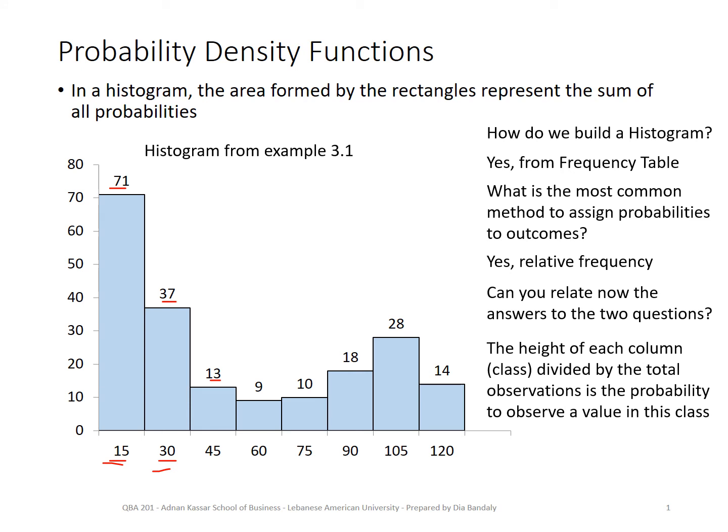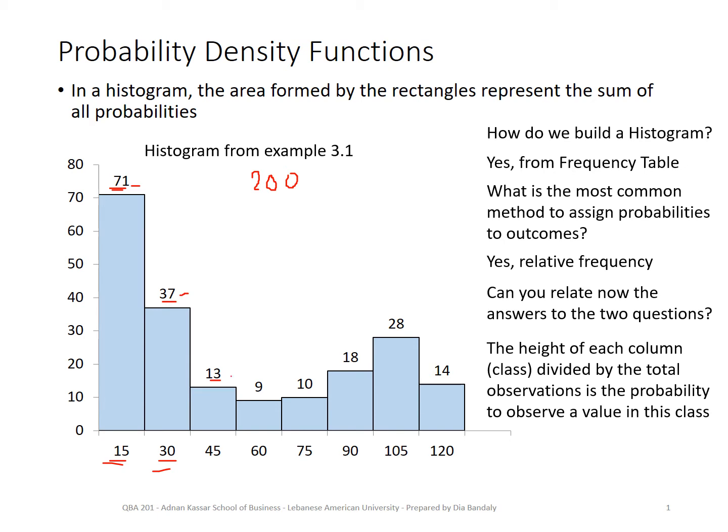What I'm trying to reach is this: the height of any column, when I divide it by the total number of observations, and here we have 200, you can see that by summing up the values of each class, 71 plus 37 plus 13, etc., we have 200.